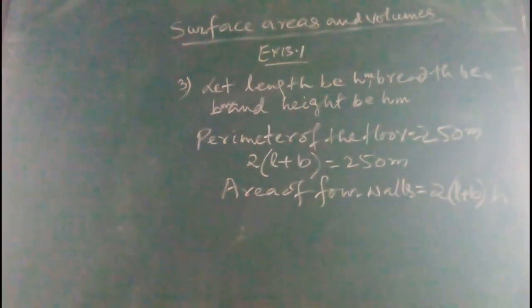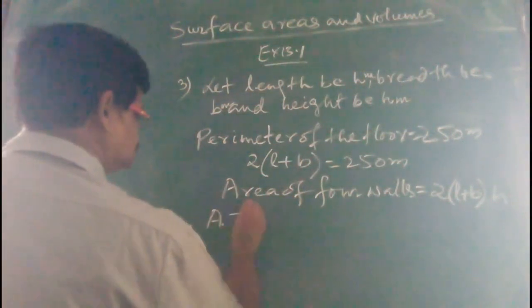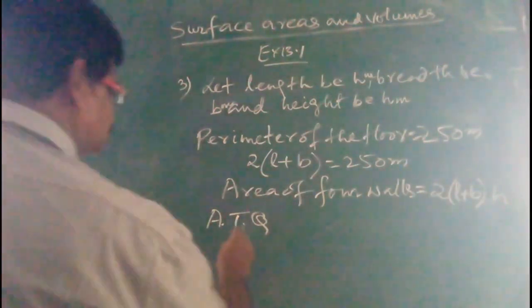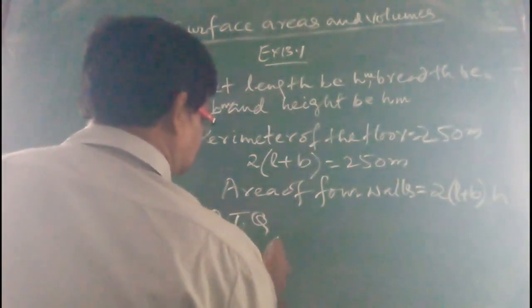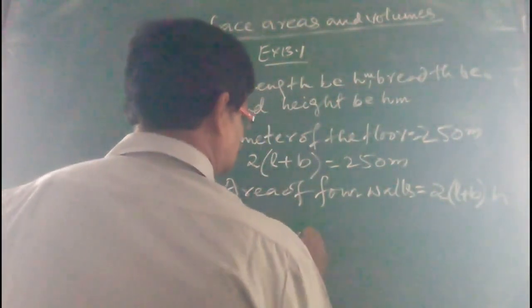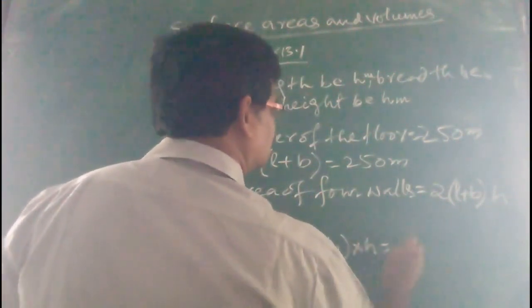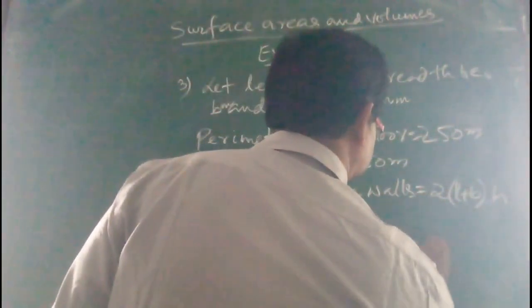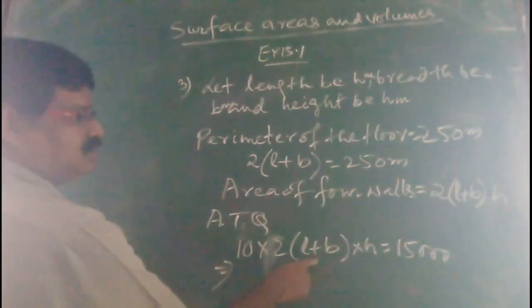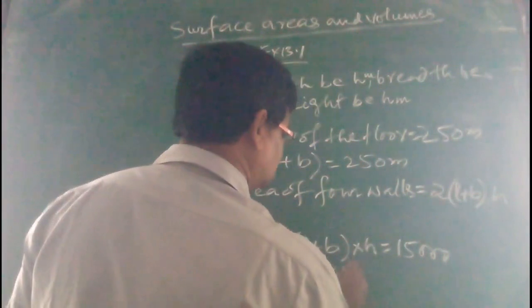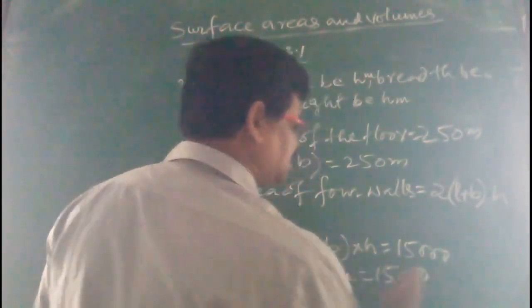So the cost of that is given, that is 10 into 2 length plus width into height equal to 15,000. 2 length plus width, that value is equal to 250. So 10 into 250 into h equal to 15,000.